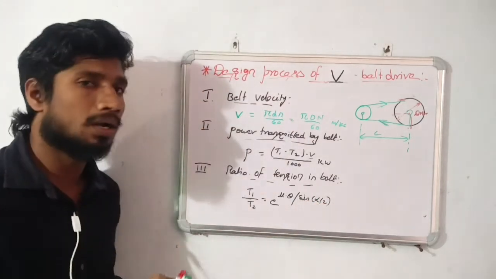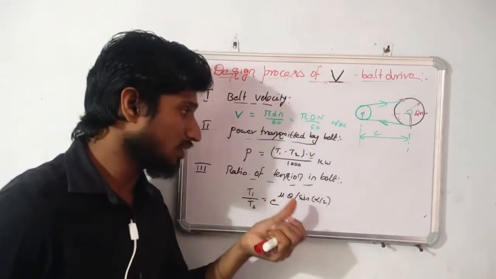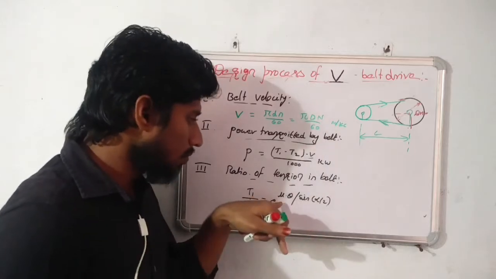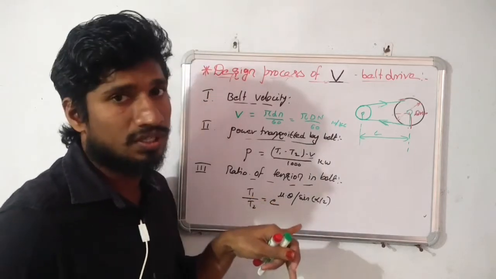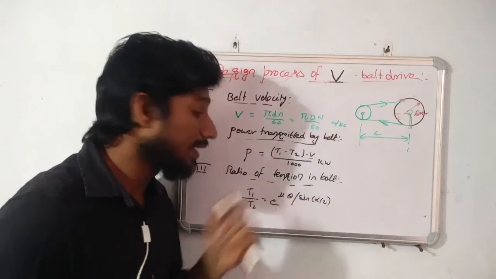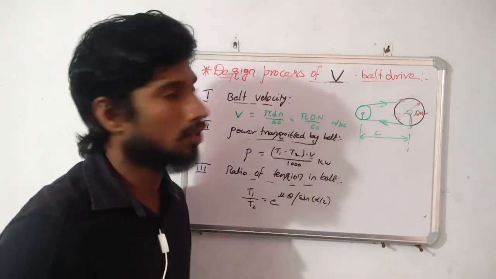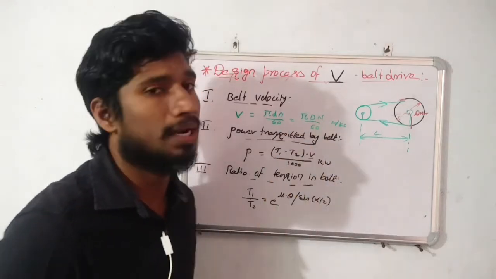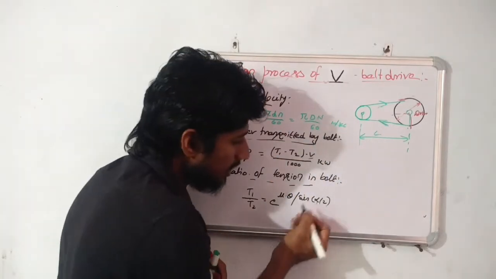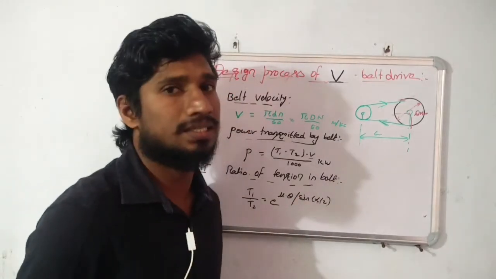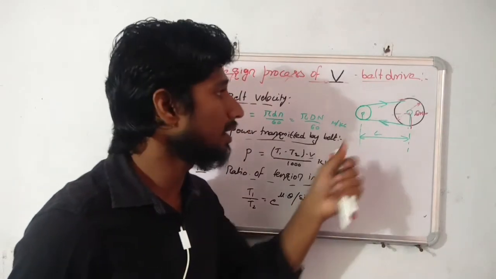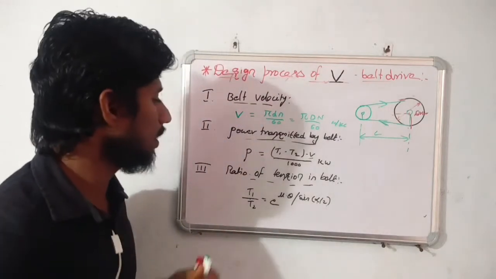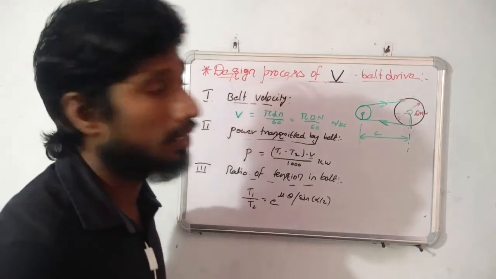So it is the formula to find out the ratio of tension in belt for V-belt drive. We already know mu is the coefficient of friction between the belt and pulley, and theta is the arc of contact between the smaller pulley and belt. And what about the alpha? Alpha is the angle subtended by the V-belt, so alpha by 2 is the angle on one side. So this is about the ratio of tension in belt.